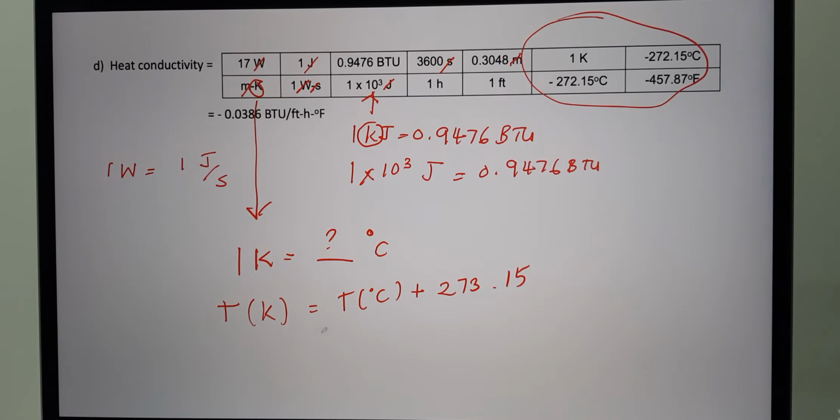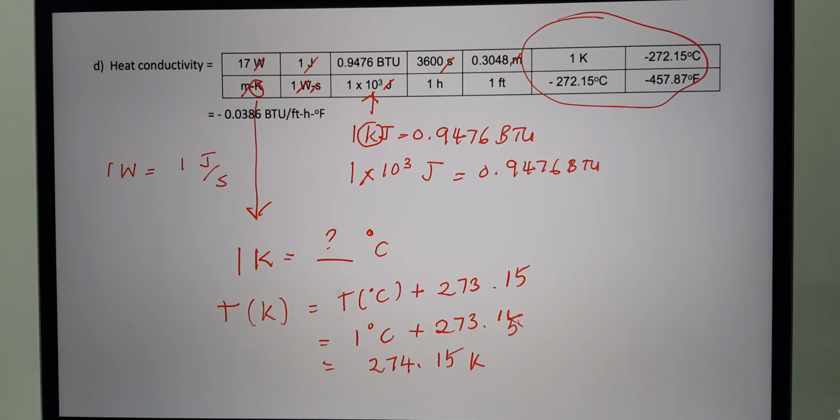So if I have 1 degree Celsius plus 273.15, it becomes 274.15 Kelvin. So this one is very clear cut.